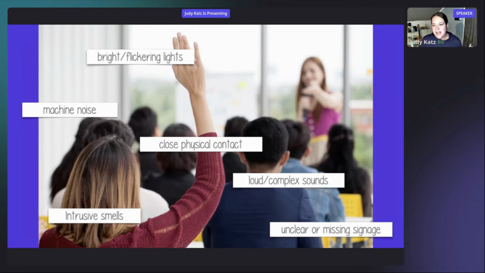Other things that can happen in the physical environment that are problematic might be flickering lights, like the fluorescent lights in offices. This is one of the reasons I will never work in an office again. Machine noise. A lot of us can hear machines that neurotypical people either can't hear, or they just block out the noise, and we're not as able to. Loud or complex sounds can be very problematic for people with auditory sensitivities and auditory processing disorder, which I also have.